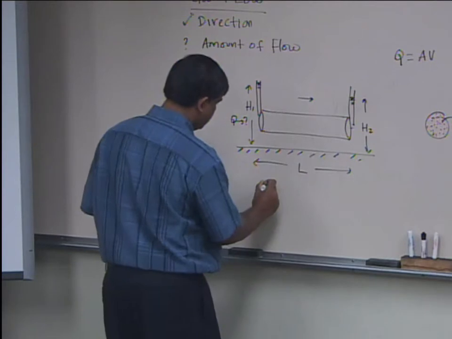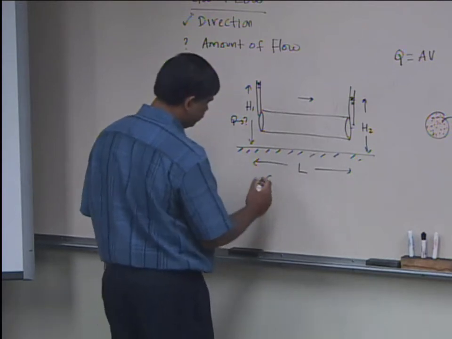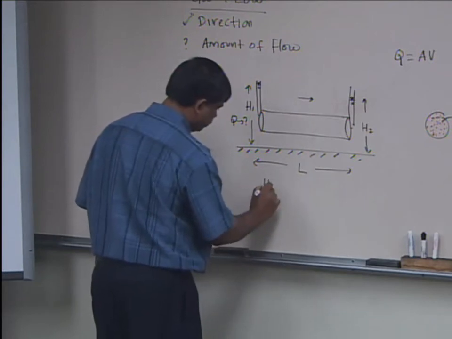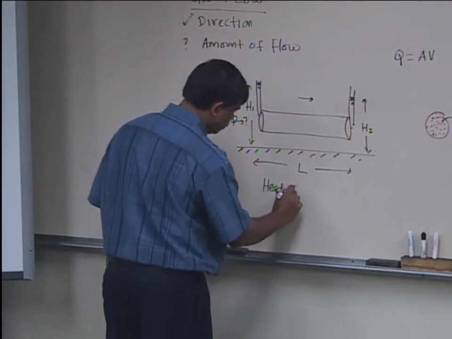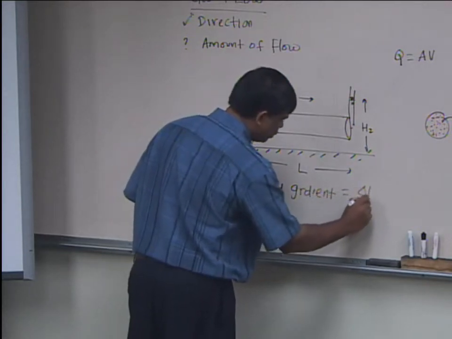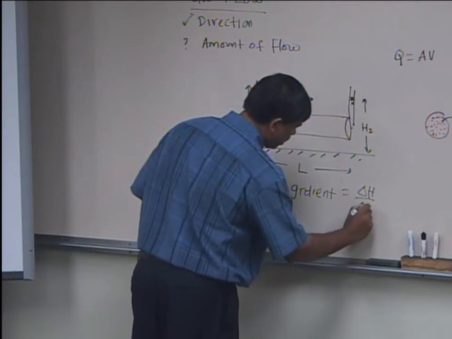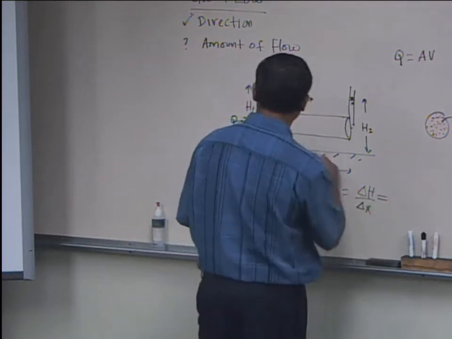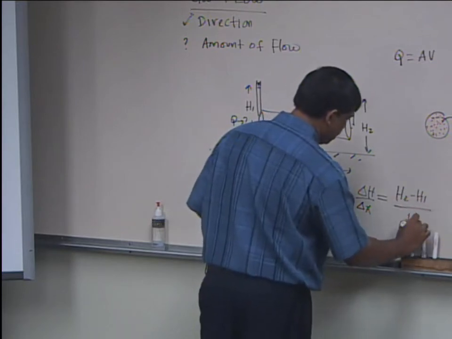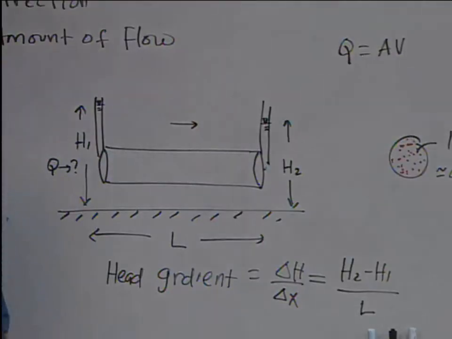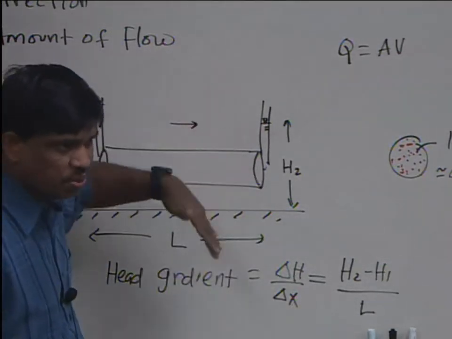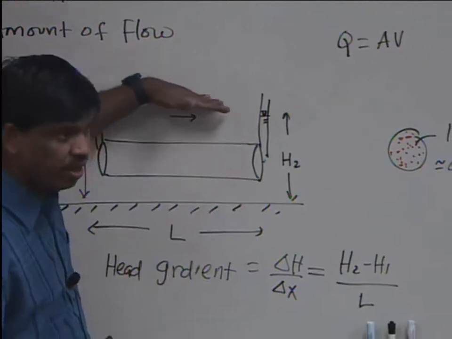Gradient is head gradient, equal to delta H divided by delta x, which is equal to H2 minus H1 divided by L. So that's a measure of the slope of this groundwater head line.